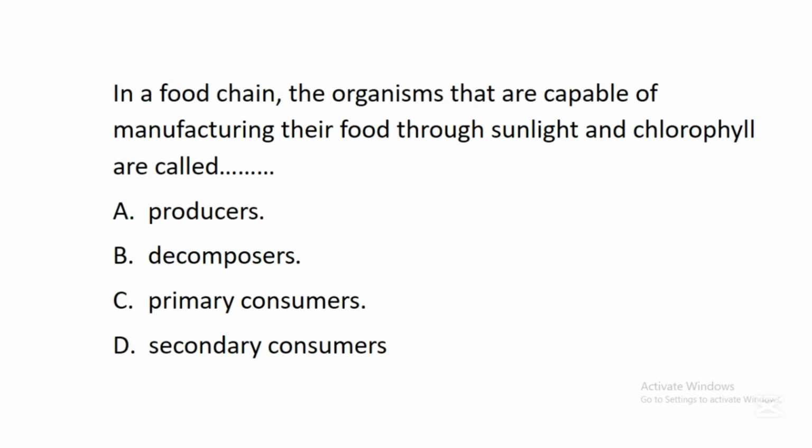In this question, the correct answer is A. Producers. So producers are those organisms that can carry out photosynthesis. They are those organisms that can manufacture their own food through the use of carbon dioxide and water in the presence of sunlight and chlorophyll. We have said already that they usually begin food chain in different environments.